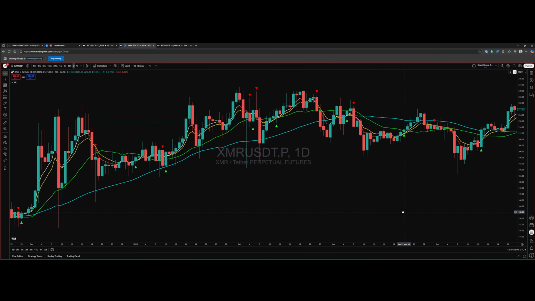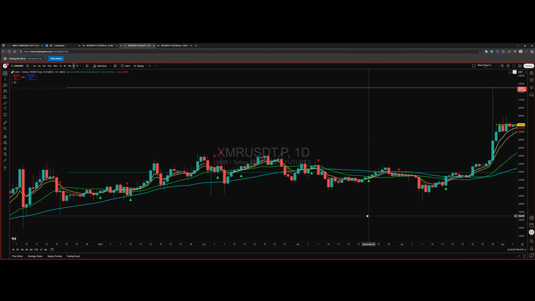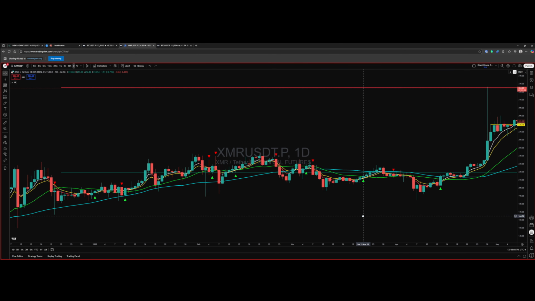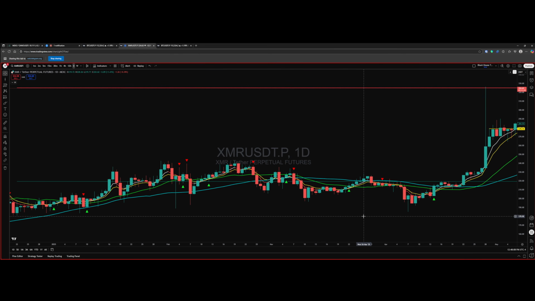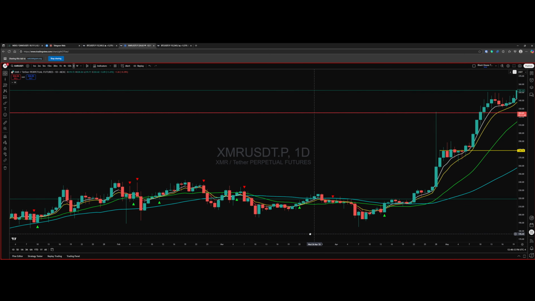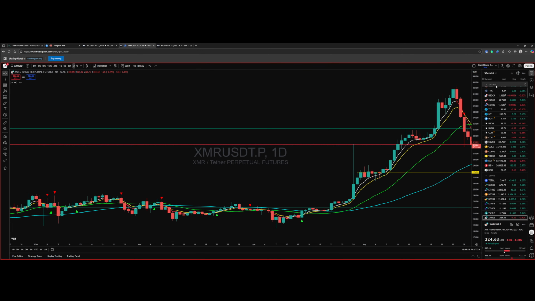So this was a parabolic move higher, which got a little tired and just took a rest. But the intention to move higher was still there because it held those levels. And as long as they do, like that, you stay in the trade because there's still more to go. And there's clear evidence of when it's over, right?